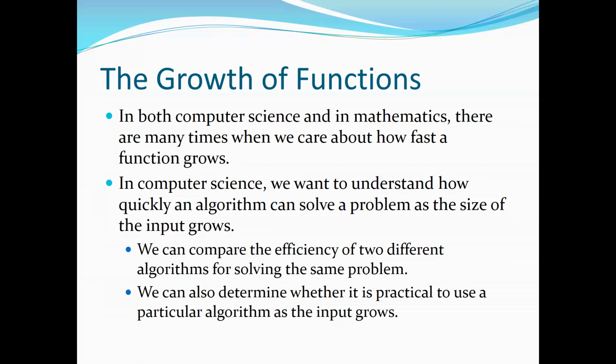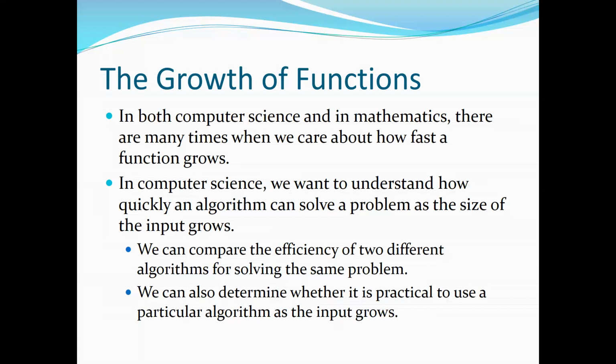Definitely the function grows based on the number of inputs. For example, to search for an element in a list, let me talk about the linear search. If the elements are 500, the growth of the function is smaller. But if there are 500,000 elements, it requires more time. So to understand the time taken by an algorithm, we need to understand how the function grows.